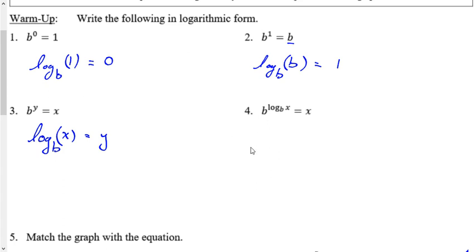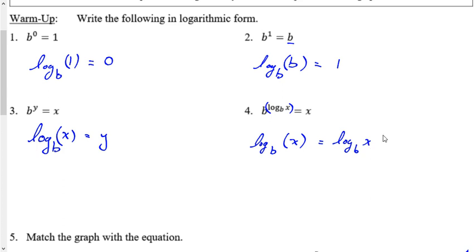So I have the log base b, and this is equal to the exponent, which is log base b of x. So this entire exponent up here is what's going on the right side of my equation, and this logarithm is operating on this x. So I get log base b of x equals log base b of x.